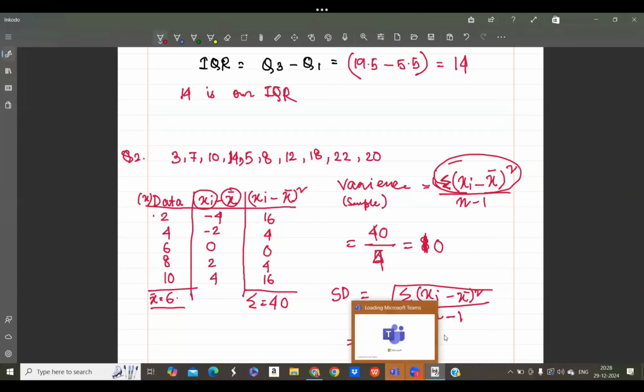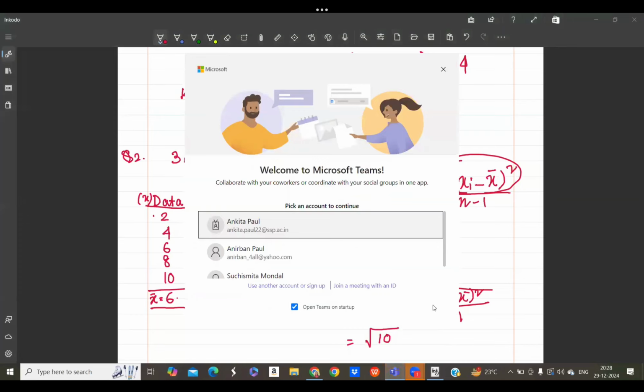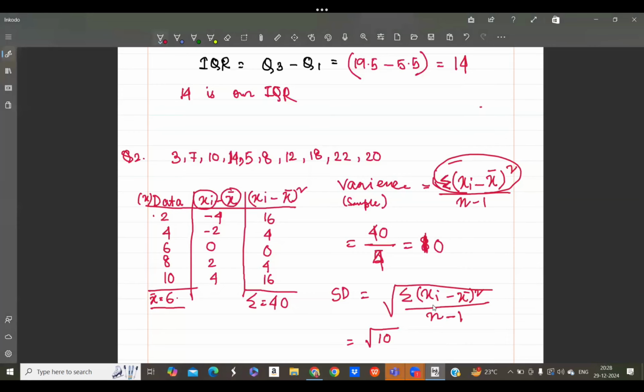Right? करके बताओ. Three point 1 6. Good.